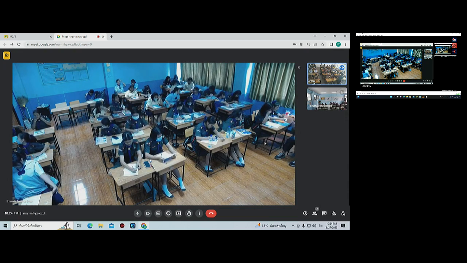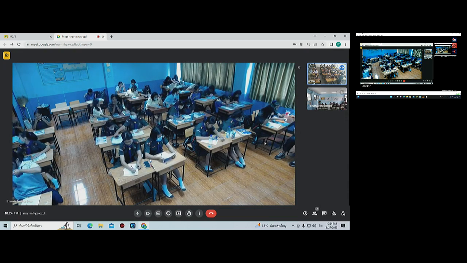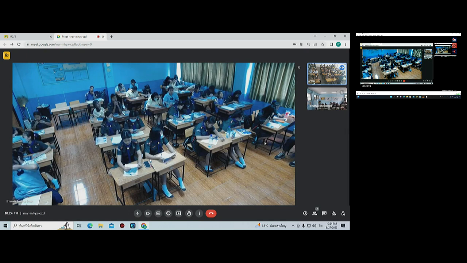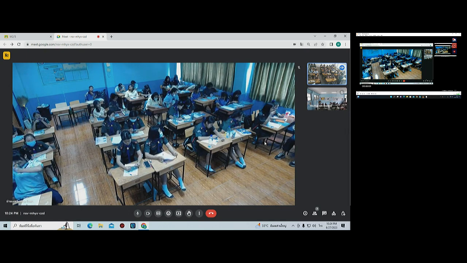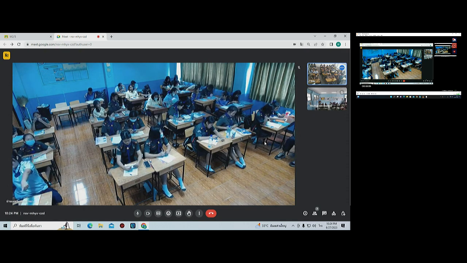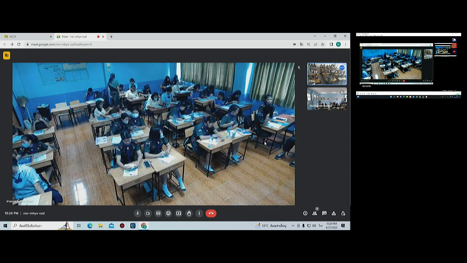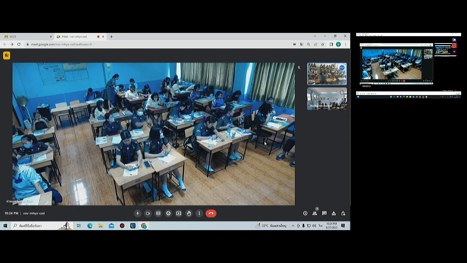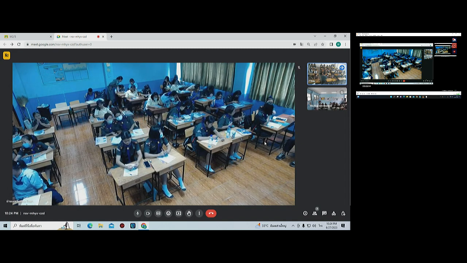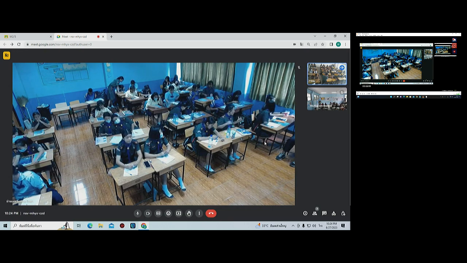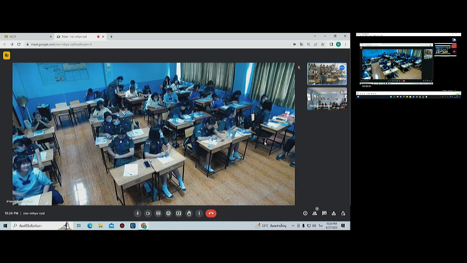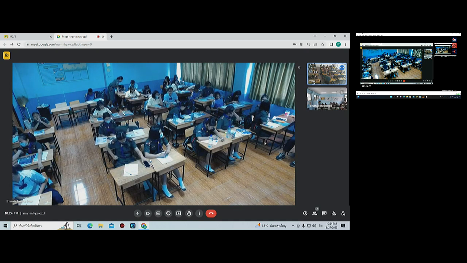The blood from the lungs enters the pulmonary, what is this? Pulmonary vein. The blood from the lungs starts from the lungs.